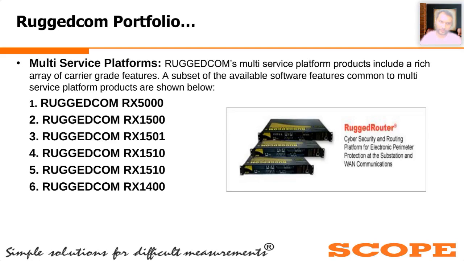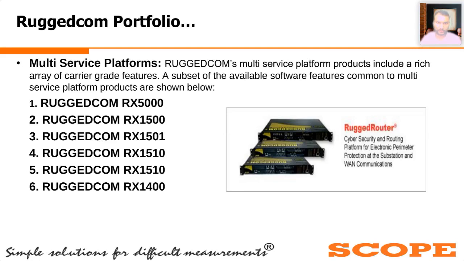So coming to the Ruggedcom portfolio, there are multiple products. If you see here, RX 1500, 1501, 1510, these are all layer 3 switches or routers, which connect multiple networks, transmit data between them and do the routing functions.